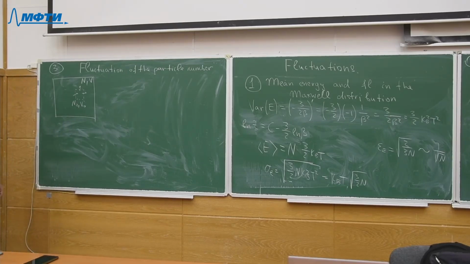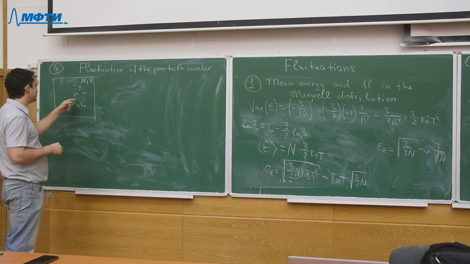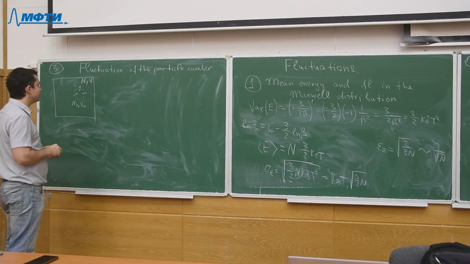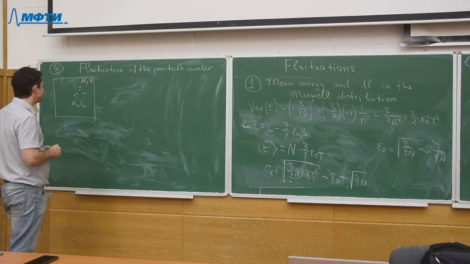And of course, I think one of the best approaches for these calculations could be presenting the number of particles inside that volume as a sum of some microscopic values. But we need to carefully design such a microscopic value that the sum of these values would give me the total number of particles. So I'm going to do that as follows.